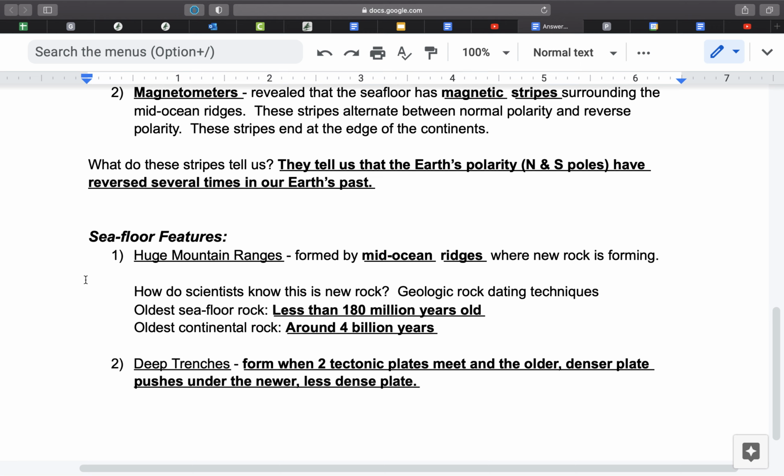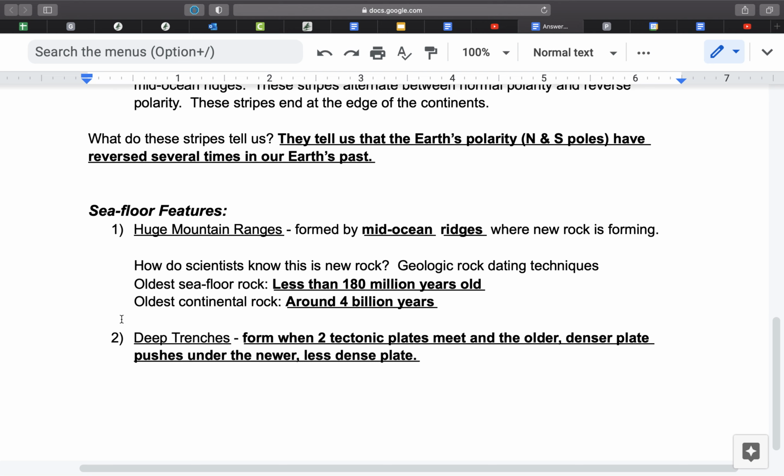We can also track how often and how much the seafloor will spread based on the age of rocks. So you can have areas that are near the mid-ocean ridges that are made up of very young, relatively speaking, rocks, and then areas that are farther away from the mid-ocean ridges are much, much older types of rock.